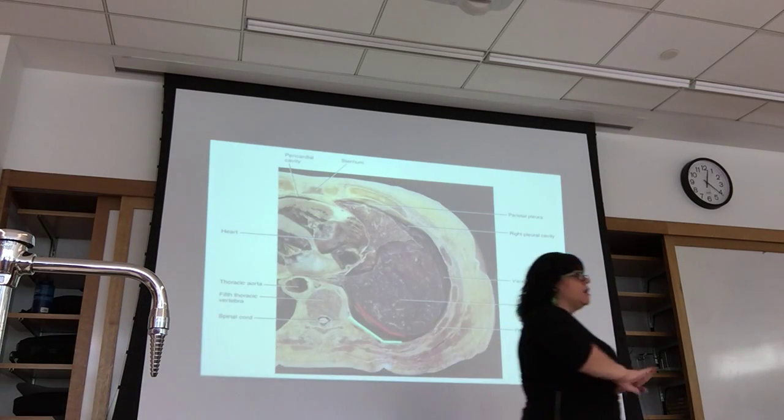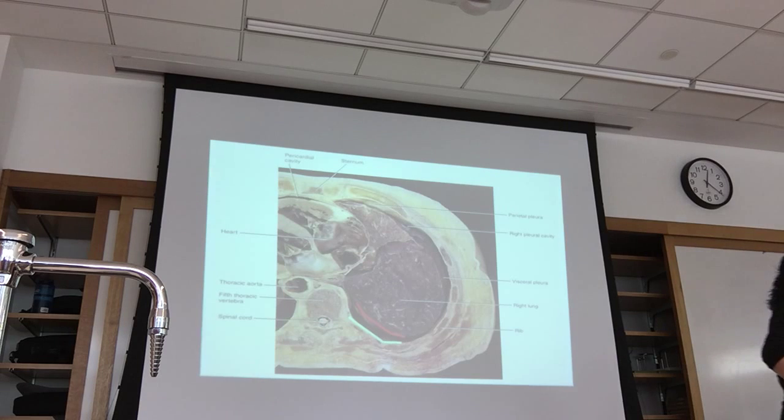If we look lower in the abdominopelvic body cavity, we could talk more about serous membranes, because there are serous membranes around many of your abdominal organs too. And we call those peritoneum. Another P. There's 3 P's, by the way, of the serous membranes: the pleura, the pericardium, and the peritoneum.